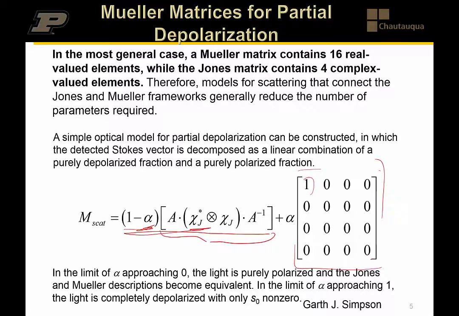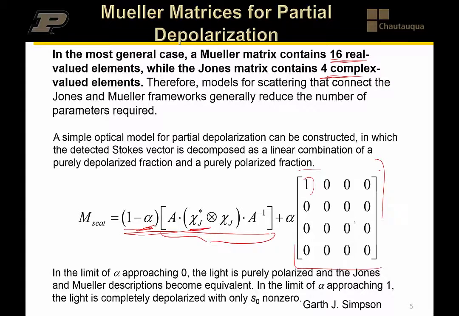Well, the advantage is really in the difference in the number of free parameters. In the case of the Mueller matrix, we have 16 real-valued components, but for the Jones matrix, we have 4 complex components. So there's a huge advantage in terms of the number of free parameters in the Jones description for a polarization transfer element.